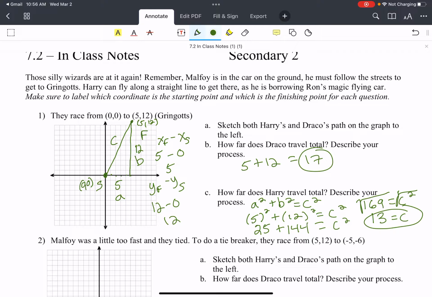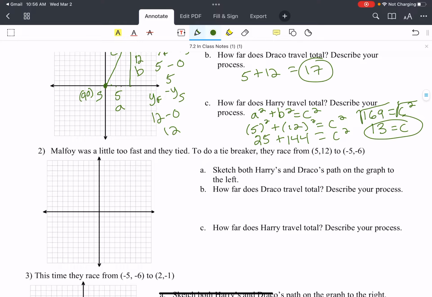Okay, let's try another one. So this time they're going from 5, 12, so that's start, to -5, -6.